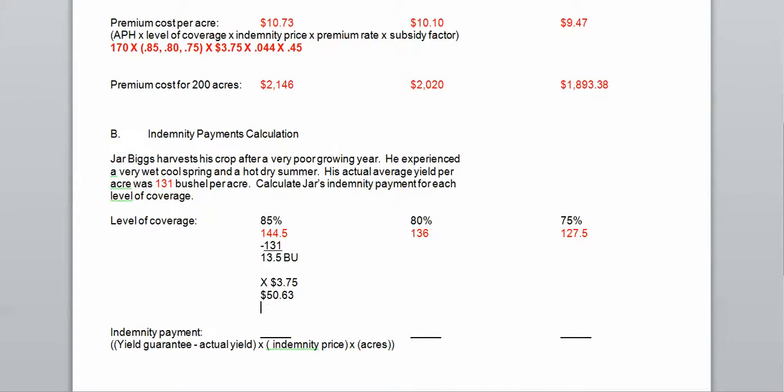Multiply that by 200 acres, and that gives me a total indemnity payment of $10,126.